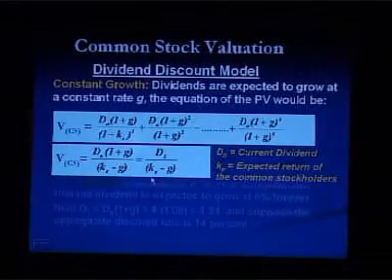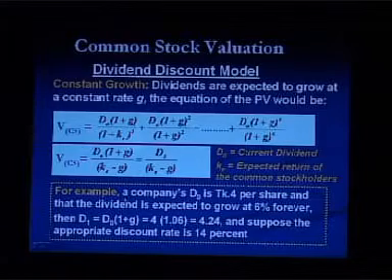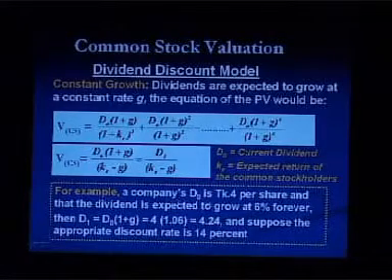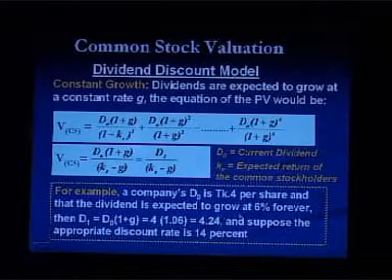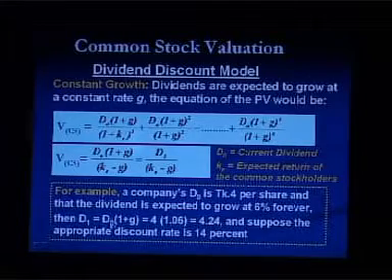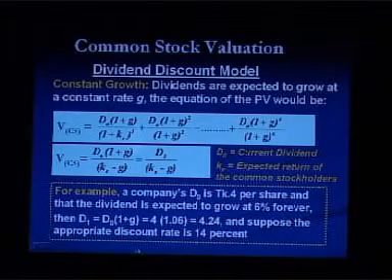So, we can explain this with an example, like a company's D0 is taka 4 per share and the dividend is expected to grow at 6% forever. Then D1 will be D0 times 1 plus g, that means 4 times 1.06, it will be 4.24, and suppose the appropriate discount rate, that means expected rate of return of the common stockholders, is 14%.